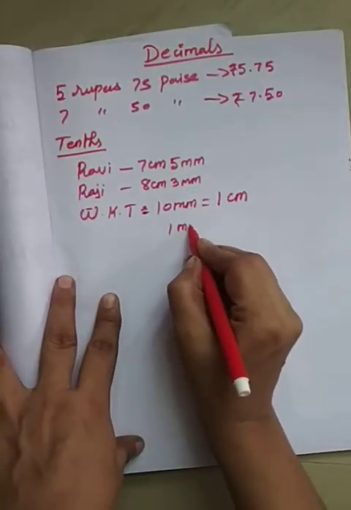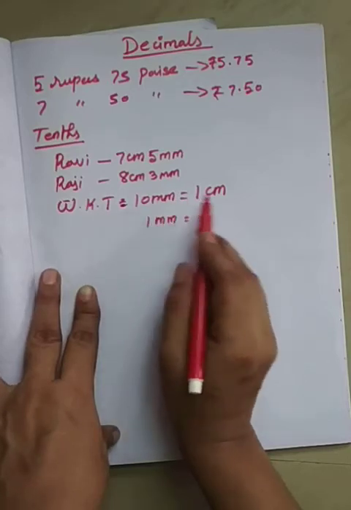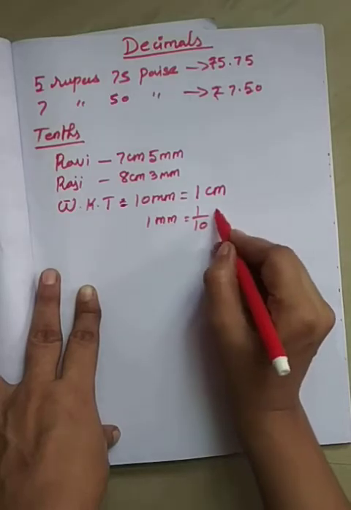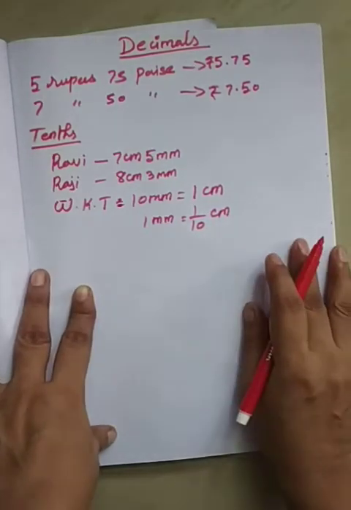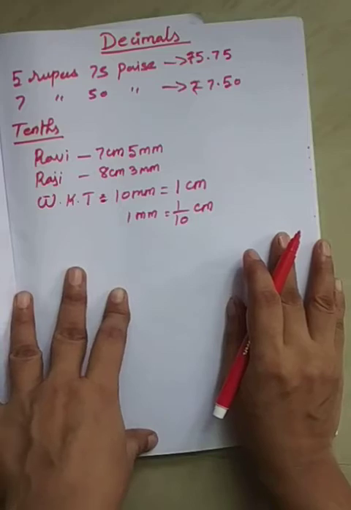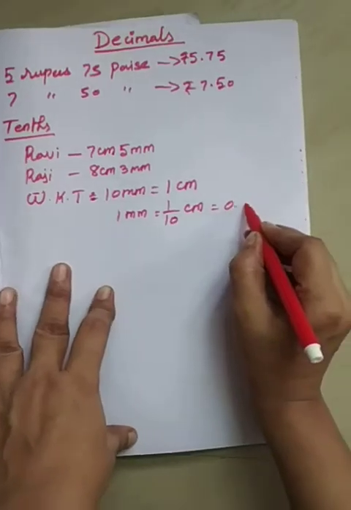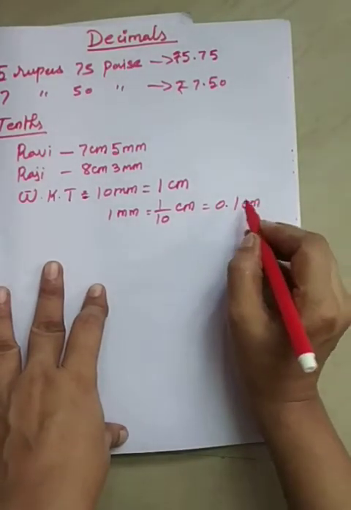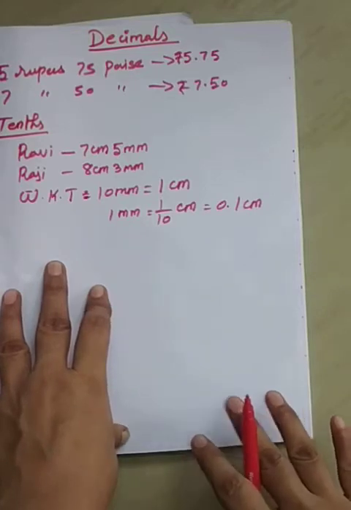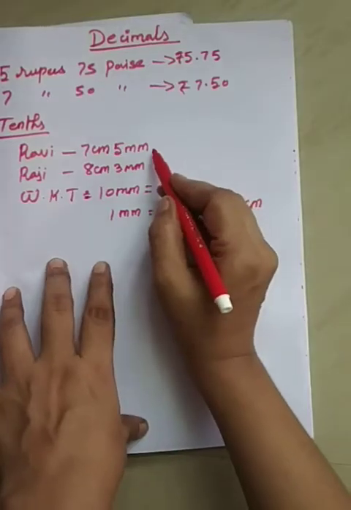So 1 millimeter means 1 by 10 centimeter, or we can say 1/10 centimeter. That means 0.1 centimeter. Everybody clear?